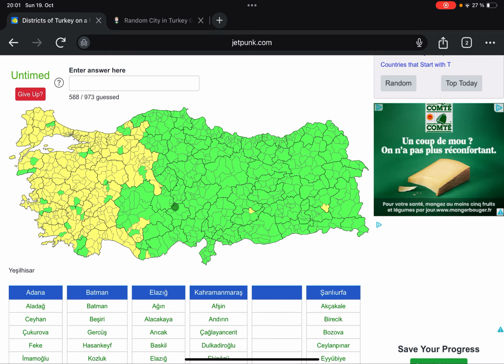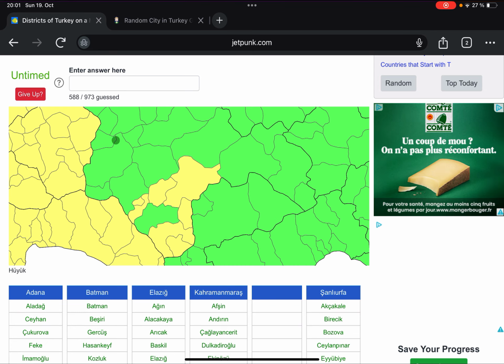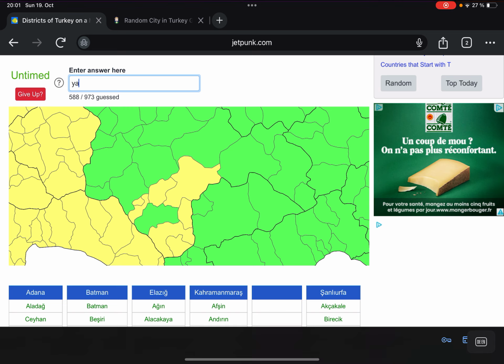Sometimes I mix them up. We have Yalıhüyük, Ayrancı, Hadim, Güneysınır, Çumra, Akören, and the capital of Uzbekistan, Tashkent.